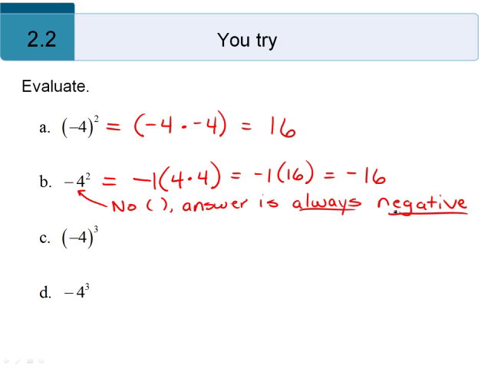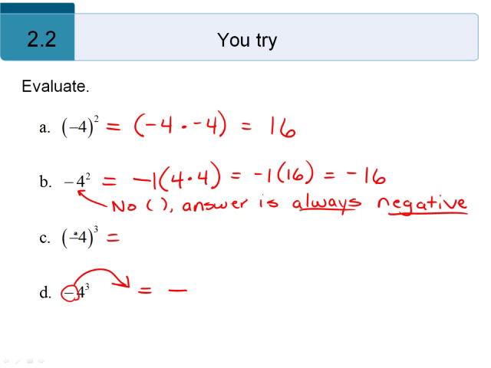It doesn't matter what the exponent is, because it's an opposite of a positive all the time, which is always going to be negative. So if you can look at that and say, hey, like on D down here, no parentheses, I'm just going to bring that negative over into my answer, and it's always going to be negative, no matter what.